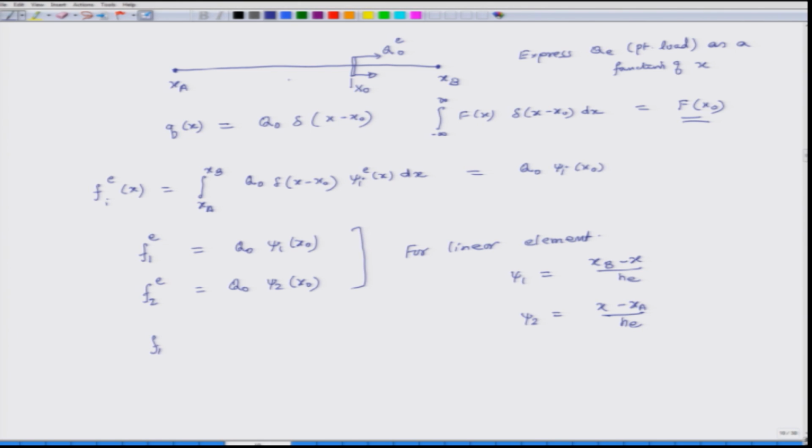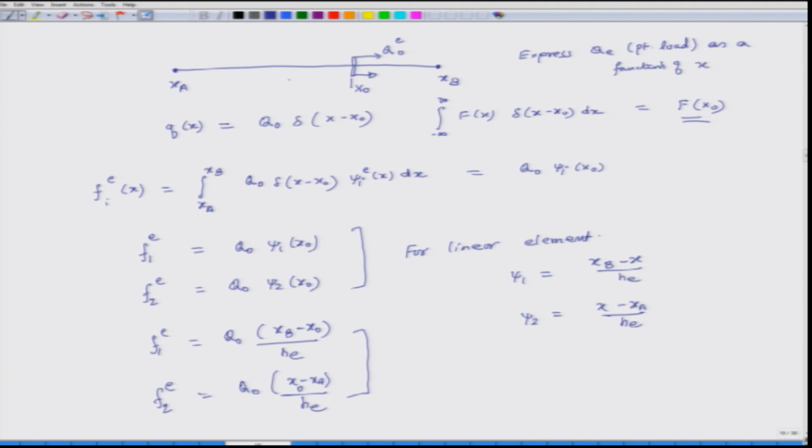So f1 e equals q naught times xb minus x naught divided by he, and f2 e is equal to q naught times x naught minus xa divided by he. And when you add these two up, the sum of f1 and f2 will be q naught.